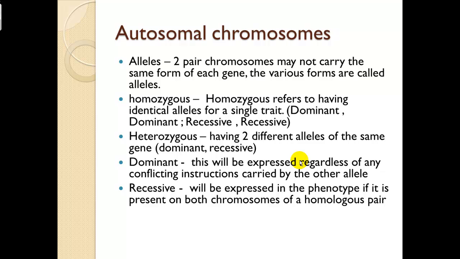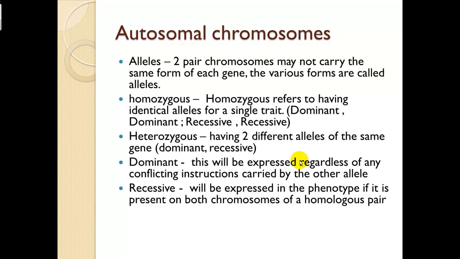Autosomal chromosomes, alleles. 2 paired chromosomes may not carry the same form of each gene. The variation forms are called alleles. Homozygous. Homozygous refers to having identical alleles for a single trait. Example of this, a dominant gene or a recessive gene.